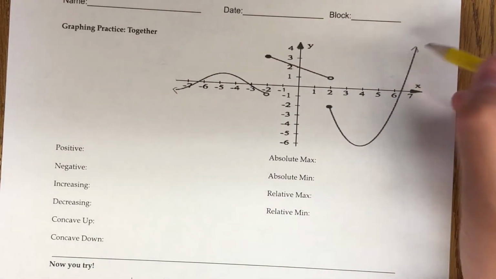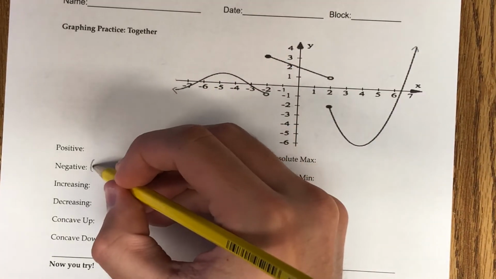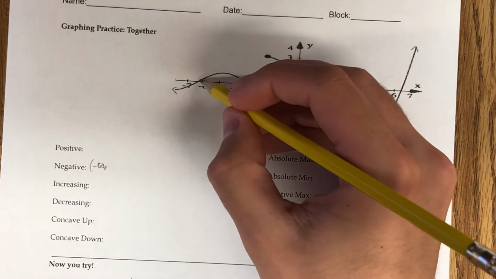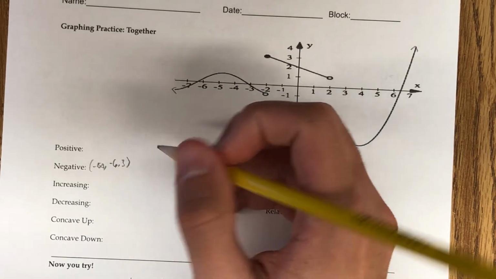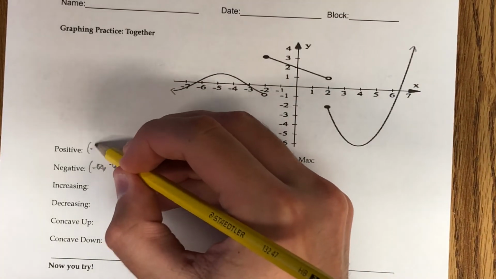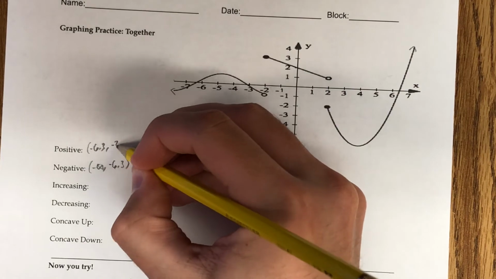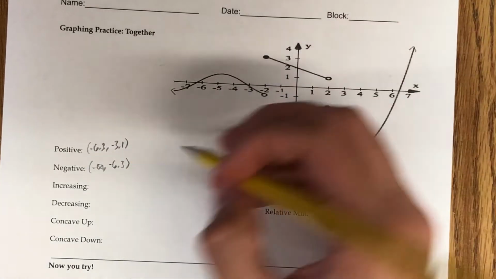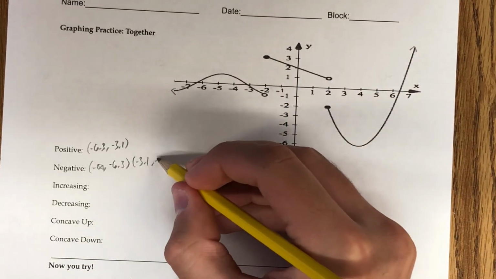let's make these lines. So from negative infinity, it looks like, up to about, I don't know, negative 6.3. It's negative, and then it switches to positive, stays positive up until negative 3.1-ish, then switches back negative up to negative 2.